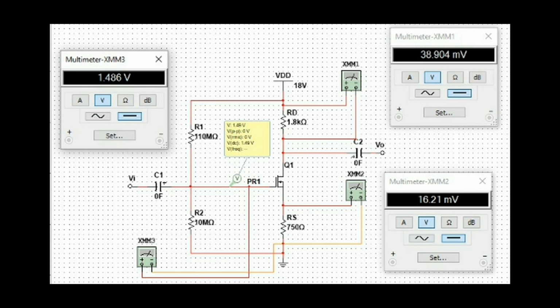The measured value is quite different from the calculated value because of some errors. As we can see, at multimeter 2, the measured value of VS is 16.21 millivolt, and we can consider it 0 as the calculated value because millivolt is near to 0.